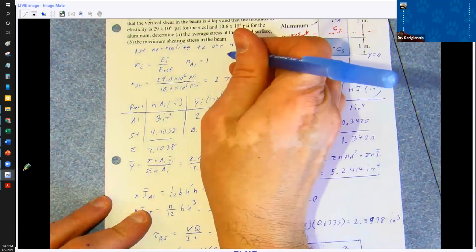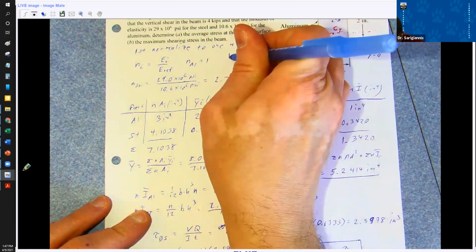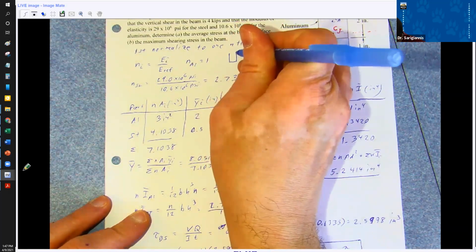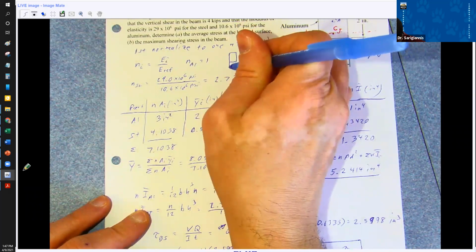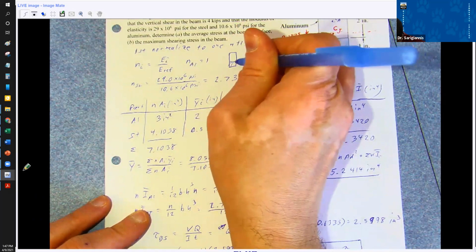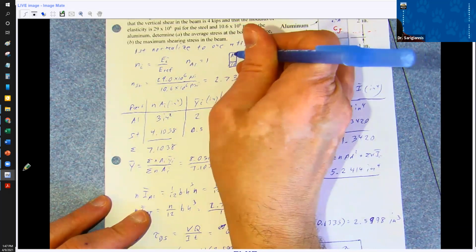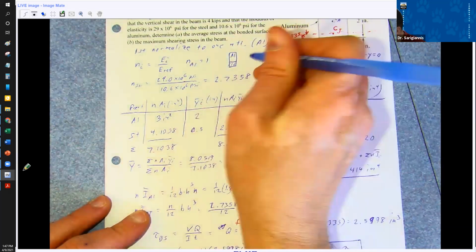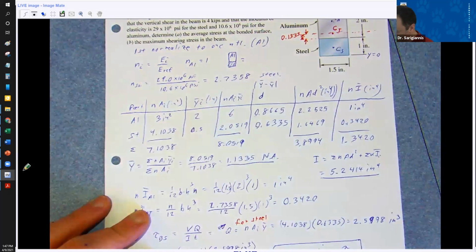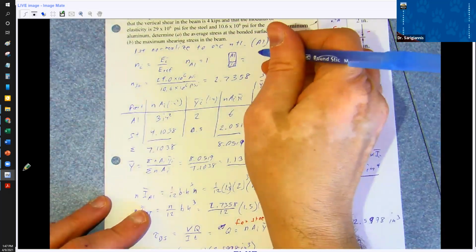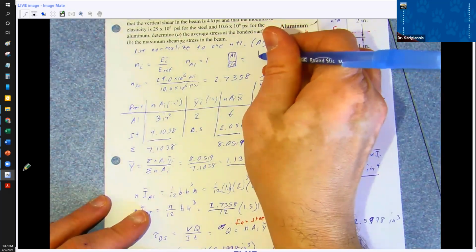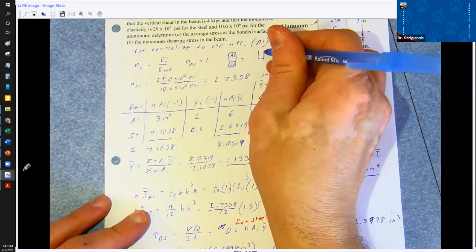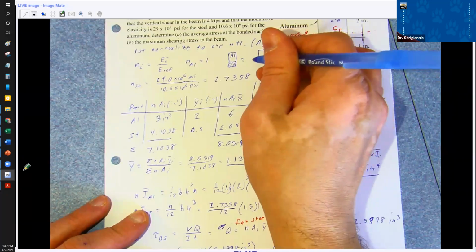I'm just going to put this in a little bubble. If we have aluminum steel like this, what we're doing with this N is we're basically making a beam that looks like this. Functionally, it's equivalent to something like this.